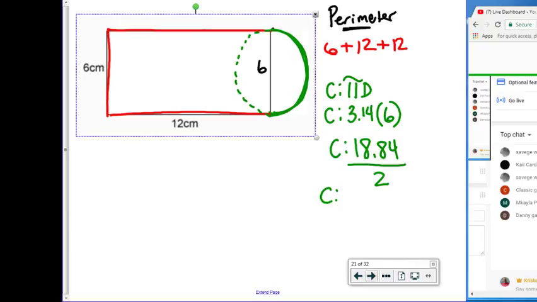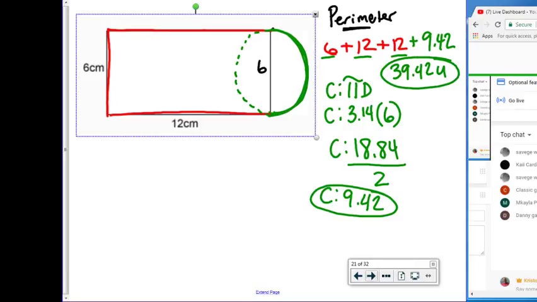The circumference of the half circle is 9.42. So I would need to add 6, 12, 12, and 9.42. That would give me 6 plus 12 plus 12 plus 9.42, 39.42 units.